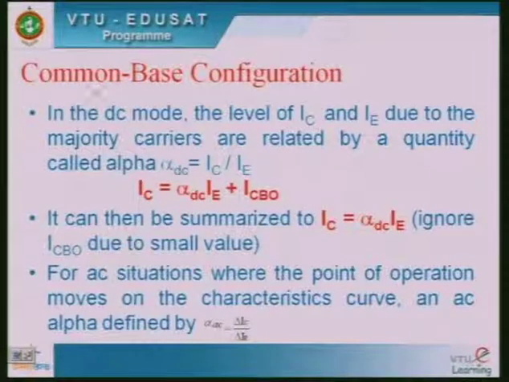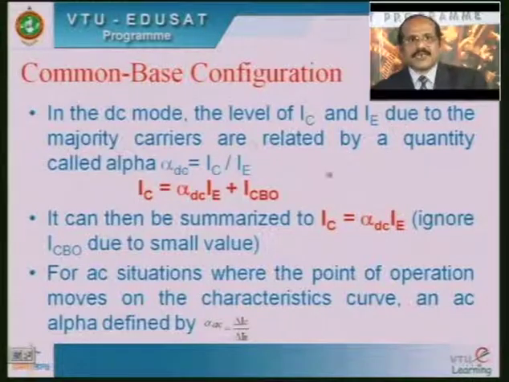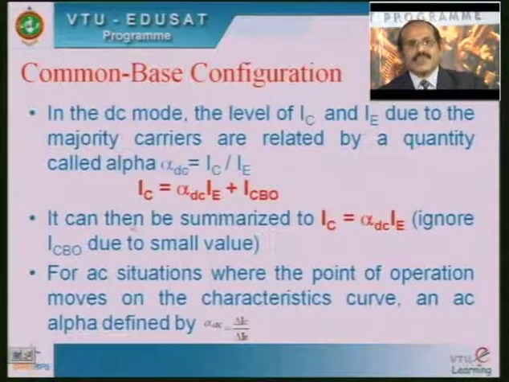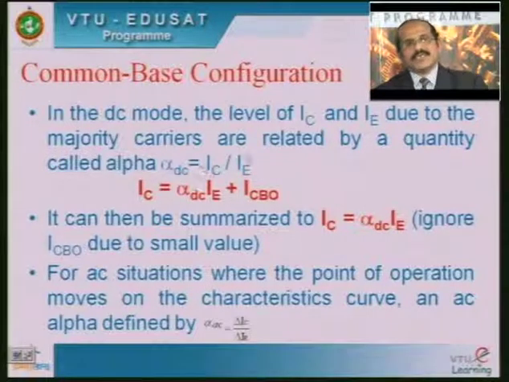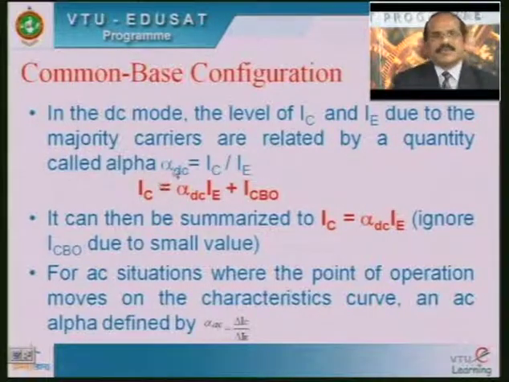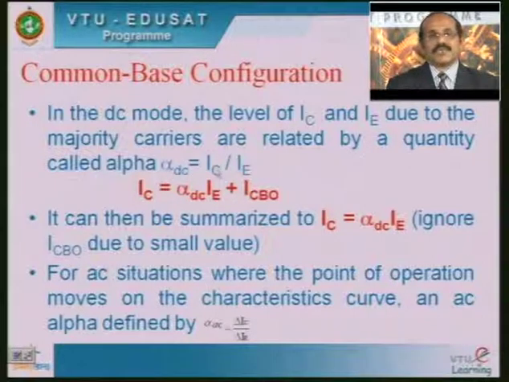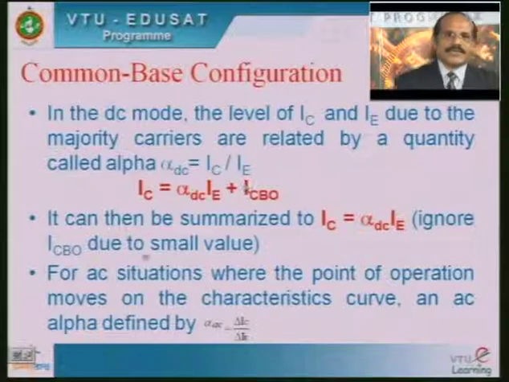In the DC mode, the collector current and emitter current due to majority carriers are related by a quantity called alpha DC. As I told you, it is the common base DC current gain, defined as the ratio of the output current, IC, to the input current, IE.